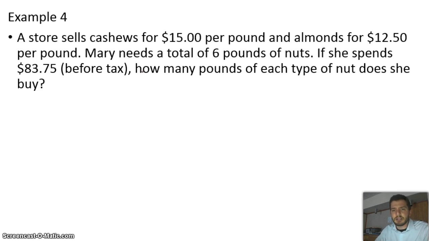So again, I'm just going to set this up. It tells us the values here, and then says we need a total of 6 pounds. So let's make this C, where C is the number of pounds of cashews and A is the number of pounds of almonds.